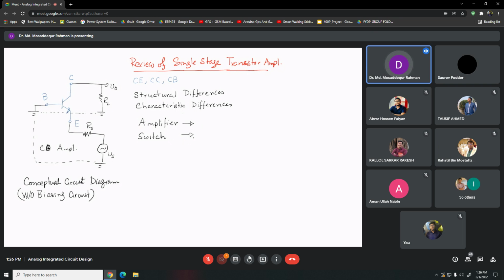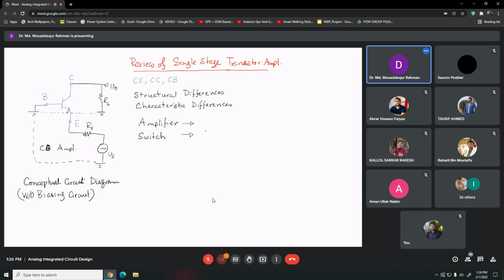What will be the mode of biasing for an amplifier? It's forward biased. Yeah, we forward bias the PN junction, forward bias, reverse bias. But the mode of biasing for the transistor, there are three modes.